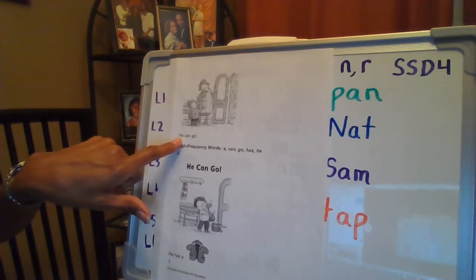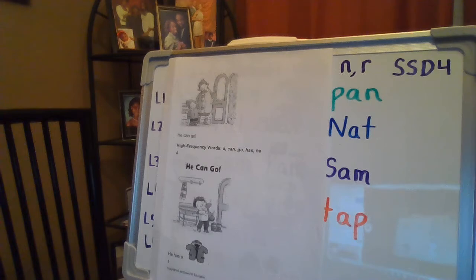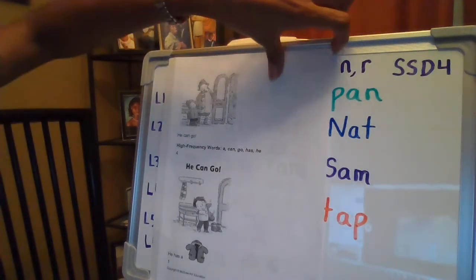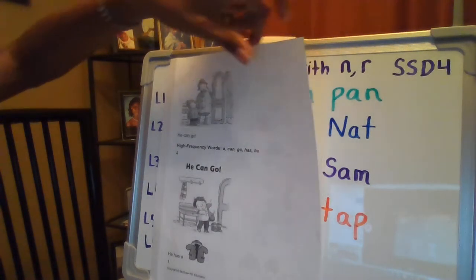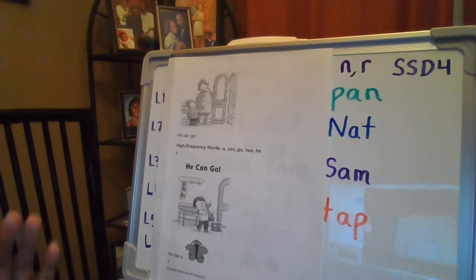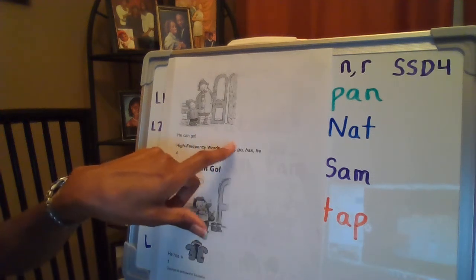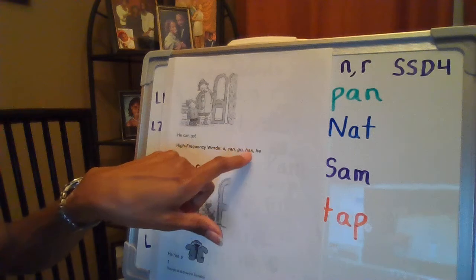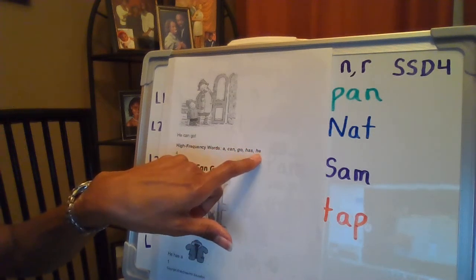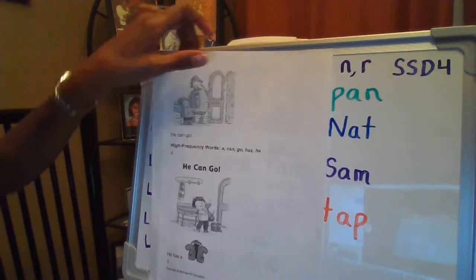Now he can go. Where can he go? Okay. And so I want you to read this book 3 times. And your high frequency words are can, go, has, and he. Okay? Those are your high frequency words.